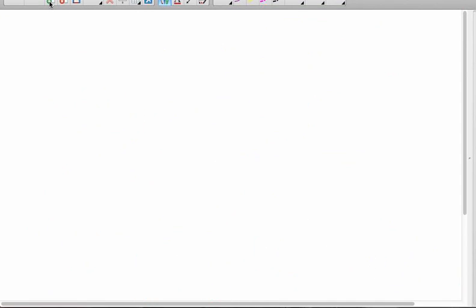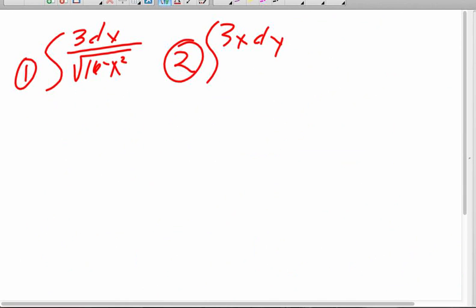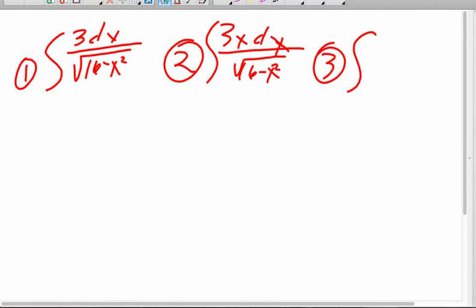All right. So I've got 3x dx over square root of 16 minus x squared. And the third integral is the integral of 3x squared over the square root of 16 minus x squared.